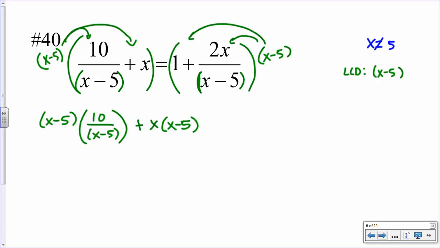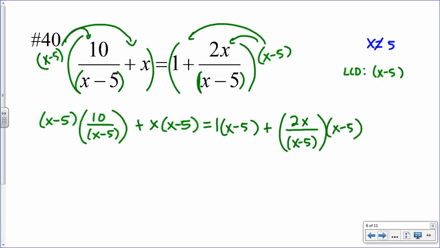That looks more normal, and it's easier to distribute that way. Same thing here. I'm going to put the 1 in front of the x minus 5. And then I have 2x over x minus 5 times x minus 5. Now we'll cancel. Here my x minus 5's cancel, and you're just left with 10.